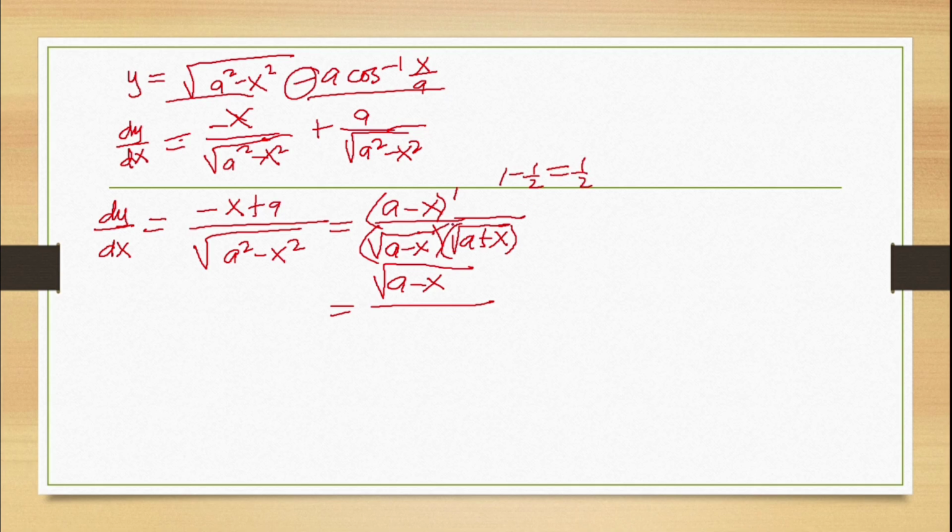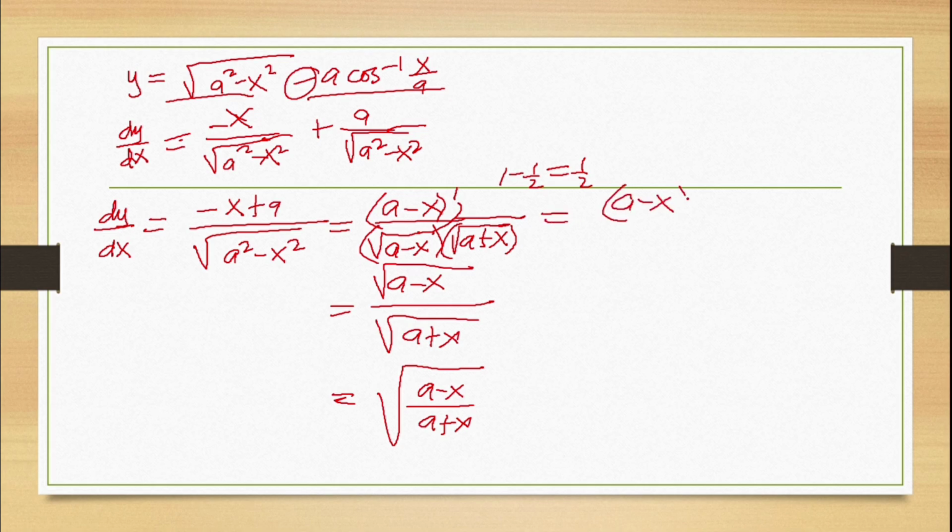The square root is already on top, right? Over the square root of a plus x. So therefore, the square root of a minus x over a plus x. Again, we could express this one as a minus x raised to 1 half and a plus x raised to 1 half.